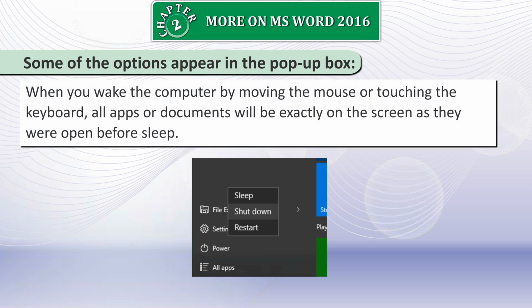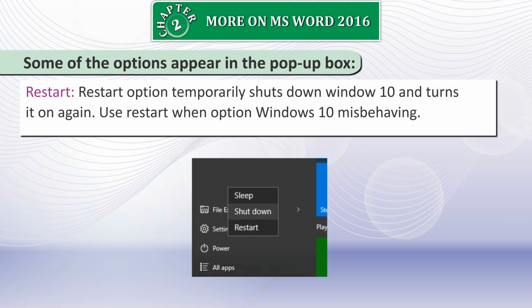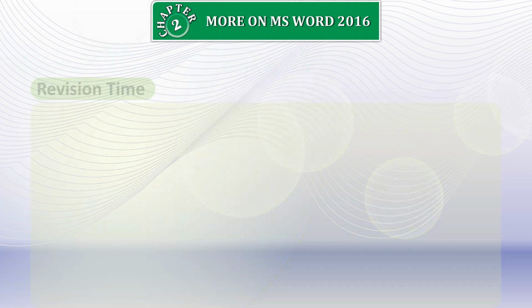When you wake the computer by moving the mouse or touching the keyboard, all apps or documents will be exactly on the screen as they were open before sleep. Restart. Restart option temporarily shuts down Windows 10 and turns it on again. Use Restart option when Windows 10 is misbehaving.